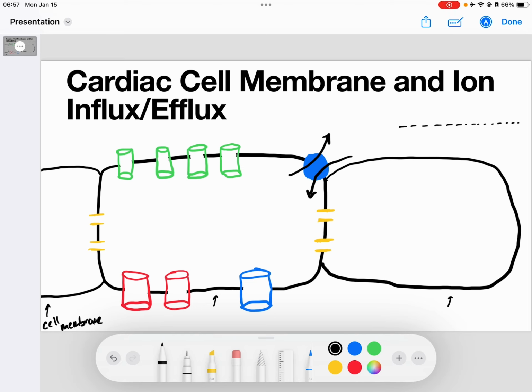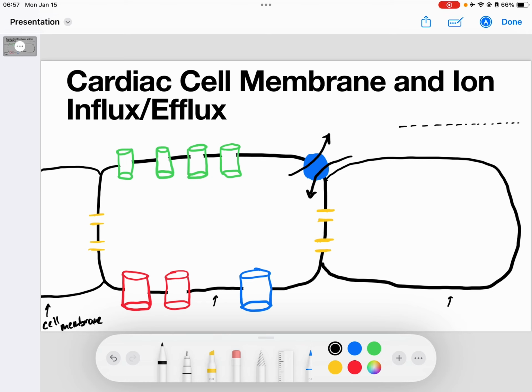These specialized proteins are ion channels, and these ion channels are what allow the ions to flow in and out of the cell. The thing with these ion channels, though, is that they're not always open, and the cell has mechanisms to control when they open and close and allow ions to diffuse in and out of the cell.